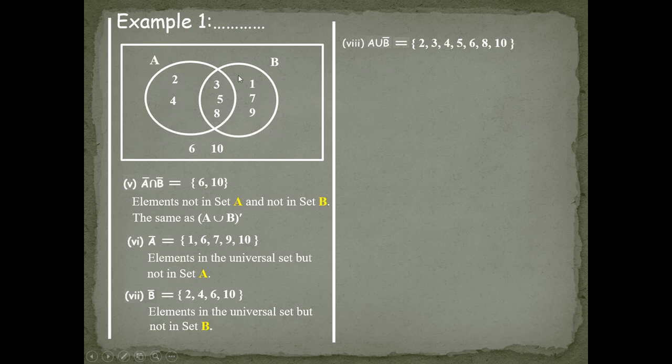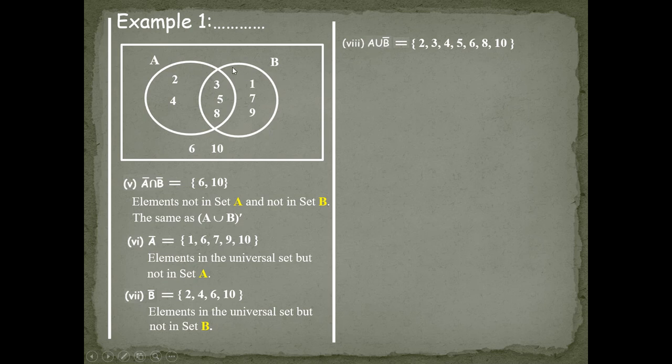Those are the elements of A. Now union outside B, B complement, that means outside B. So if this is B, now outside B, so we shall take 6 and 10. So if I want to handle this, I'll first take set A.